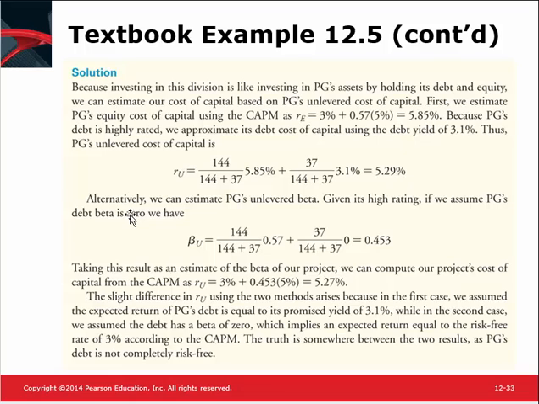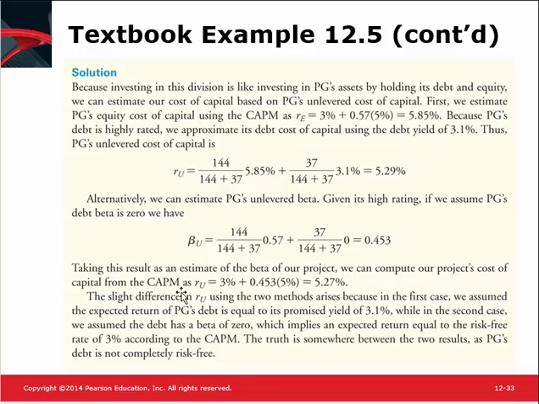Done another way, we can calculate what should be the beta of our company. Here's the proportion of equity times its beta. Here's the proportion of debt times the beta of debt for a AA rated company. So we end up with a beta for this company of 0.453.